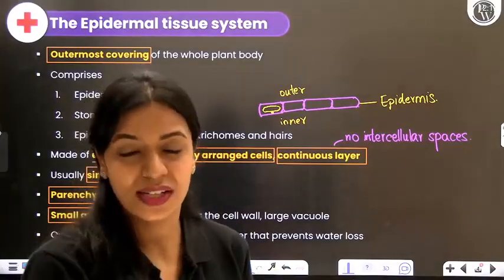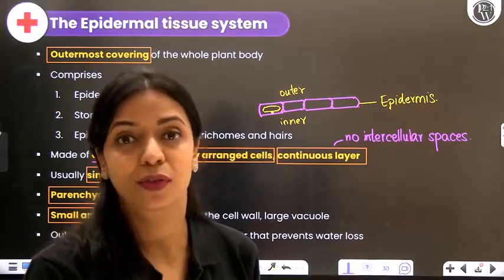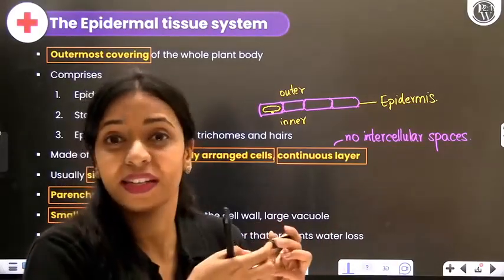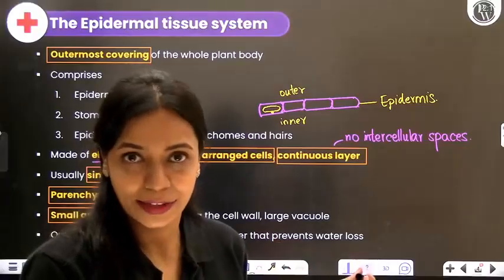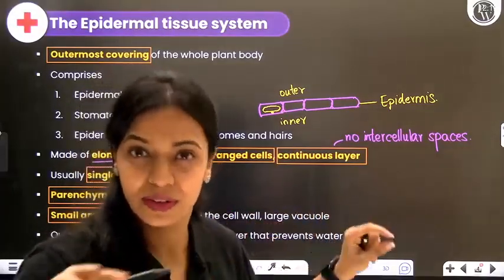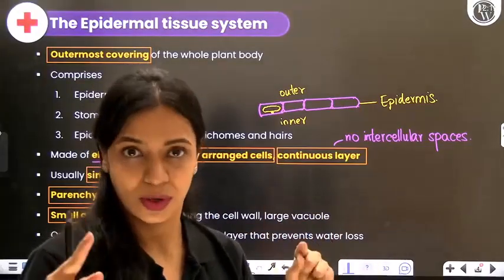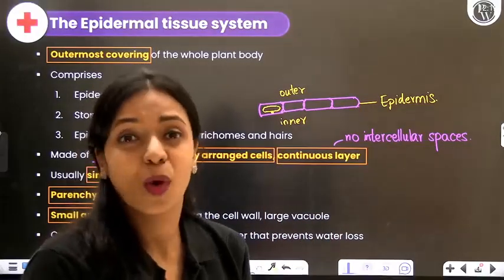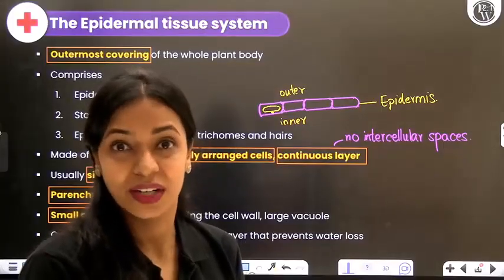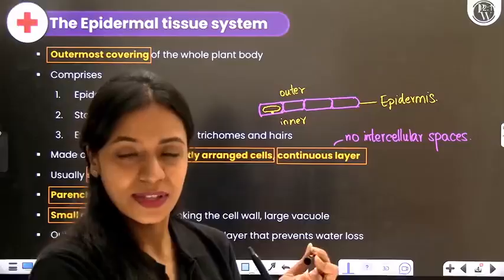Again, why is it not present inside? Because the function of the cuticle is to reduce the rate of transpiration. By being present on the inside, it will not make any difference, right? If it's present on the outside, it will become like a water impervious layer. It will become a waxy layer and it can reduce the loss of water. If it's present on the inside, what does it help in? It's a waste, right?